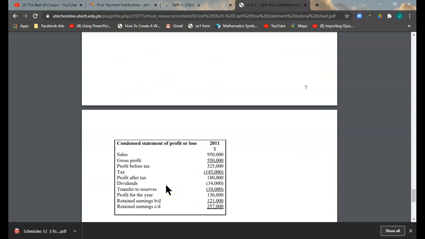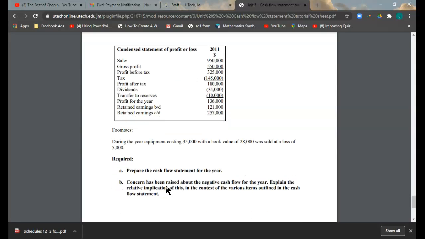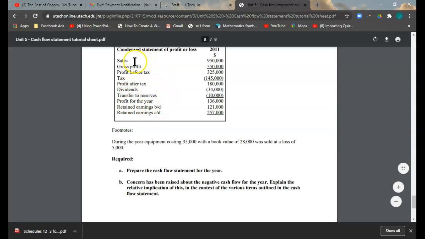Now, the only point I want to make before I switch over into the Excel sheet to do the calculation is to know that the starting point for the cash flow statement is called profit before interest and tax. Profit before interest and tax. Now, if you look in this condensed statement of profit or loss, there is nothing like that.